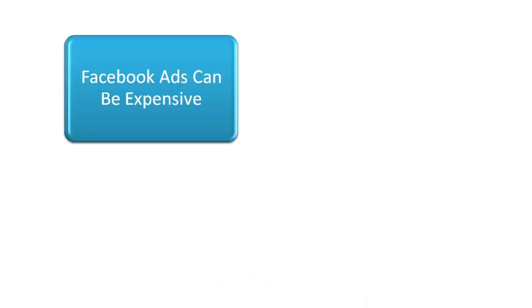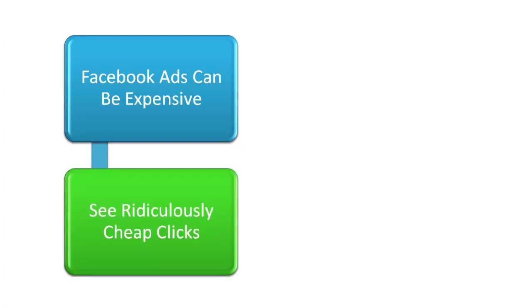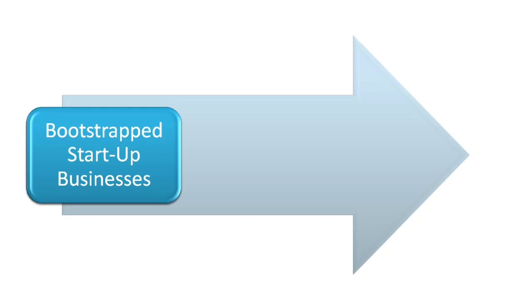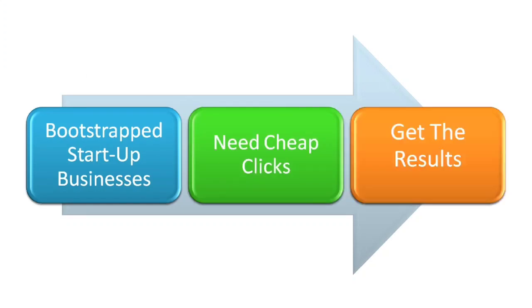Facebook ads can be expensive, and some people never see a cost per click, CPC, that is lower than 25 cents. However, it is possible to see ridiculously cheap clicks that will get you traffic and advertising benefits with little money spent. Bootstrapped startup businesses need cheap clicks so that they can get the results that they want.